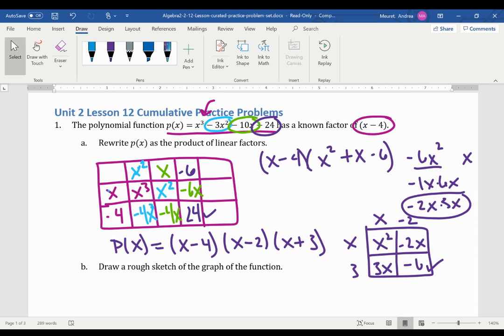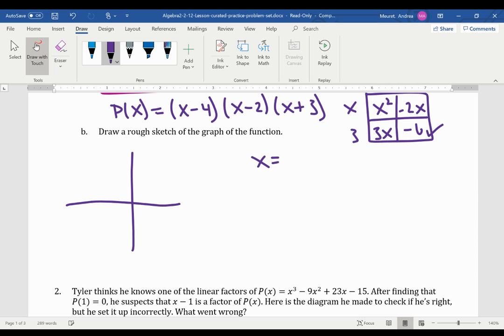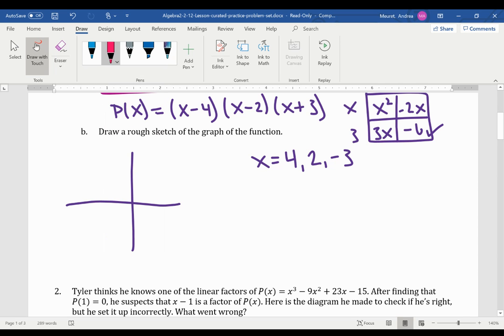Part B is just asking to draw a rough sketch of the function. And so I'll draw some axes. And then I know my x-intercepts are 4, 2, and negative 3. And I know the y-intercept is what I get when I put zeros in for x.